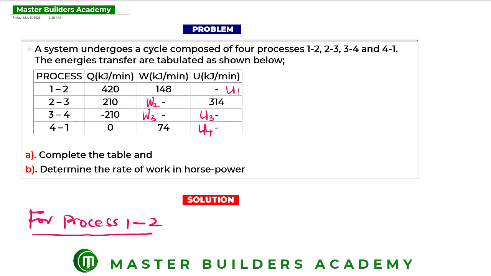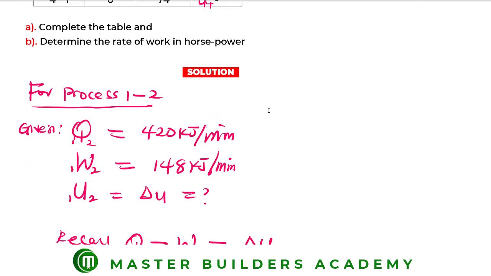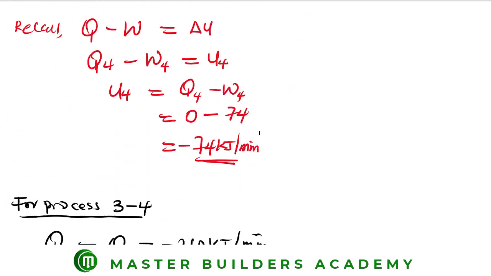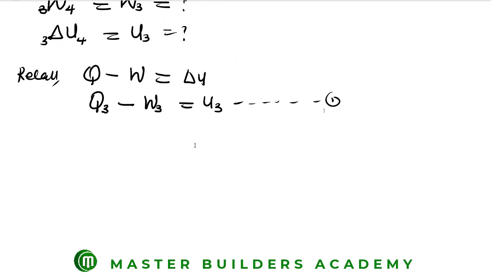So whether the cycle is drawn here or not, as long as you have a chain like this as a closed loop, the sum of all the internal energy changes will be equal to 0 for any thermodynamic cycle. Are we there? So first of all we need to find U3.